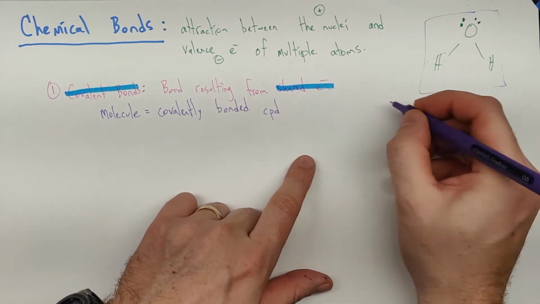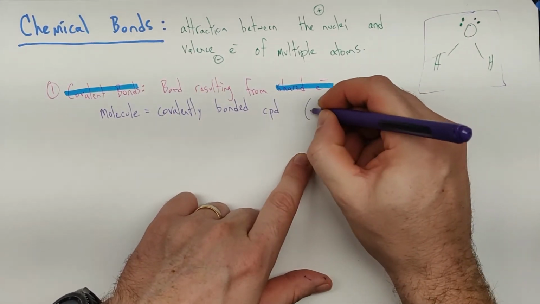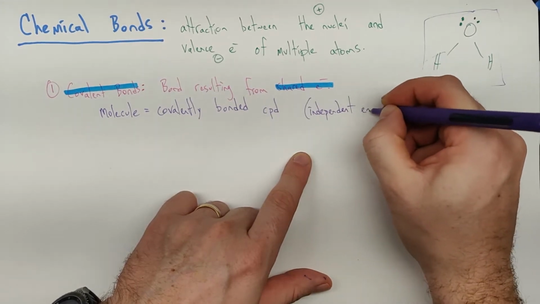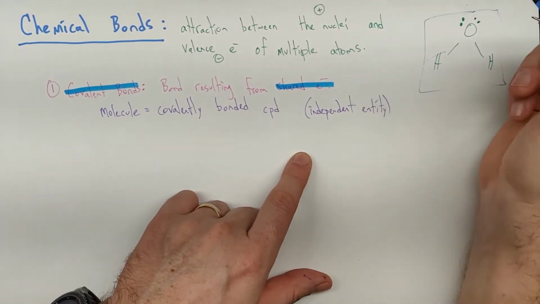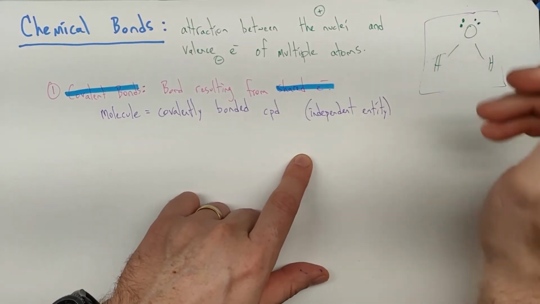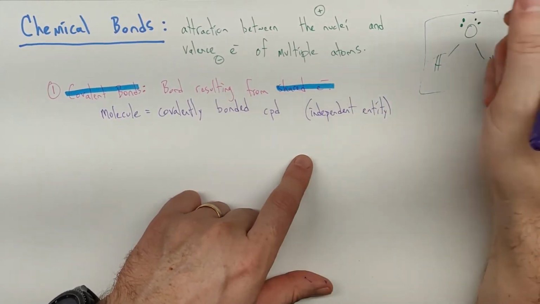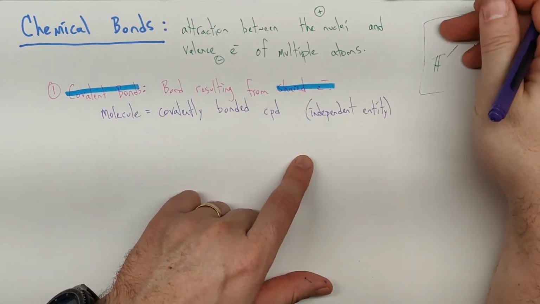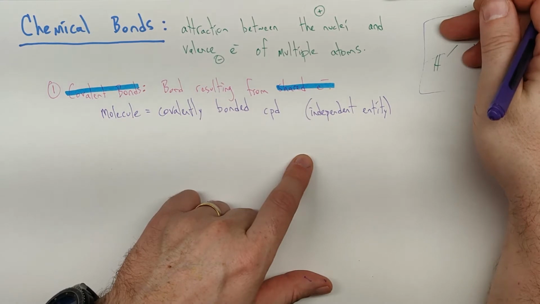So I'm going to put that in parentheses: it is an independent entity. Its formula says how many pieces there are, and there is something that has 2 hydrogens and 1 oxygen. That's as opposed to ionic compounds, which go off in 3 dimensions indefinitely, and we just talk about a ratio of cations and anions.